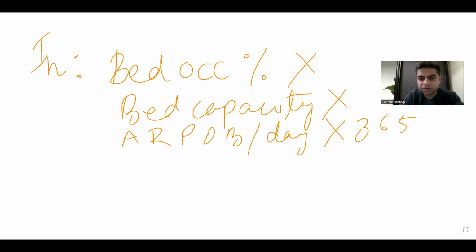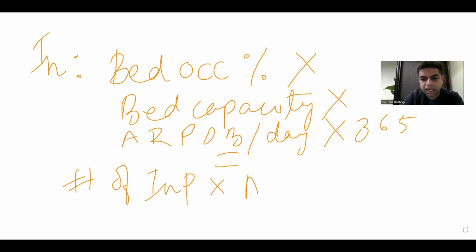So there is another way in which you could project out revenue. It is number of inpatients times average revenue per operating bed. So this is one metric which is common in both this one and the above method.